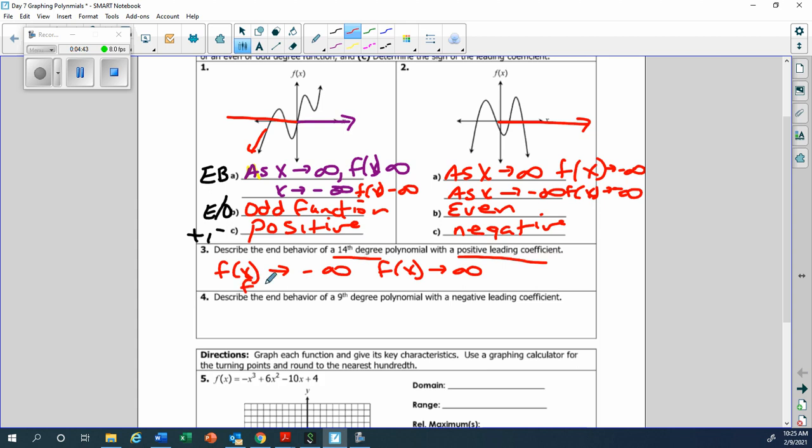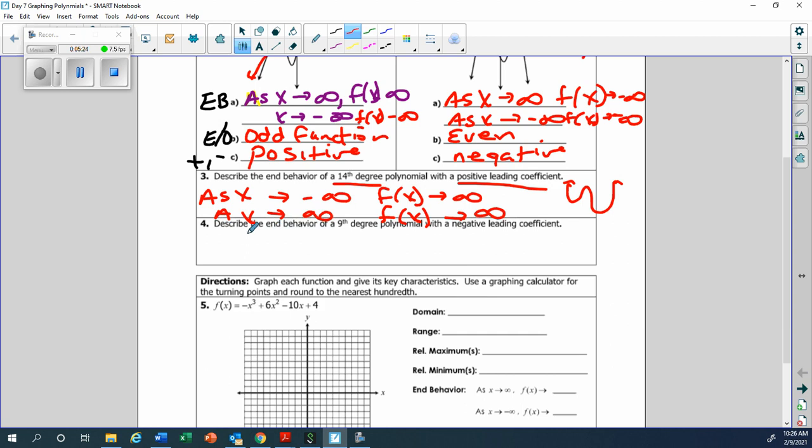I think I should write it this way so that you're not getting confused, sorry. As x approaches positive infinity, f of x is going to be positive infinity, because it will be going up. Whatever turns it's gonna make, it's gonna look something like this. Okay, all right.